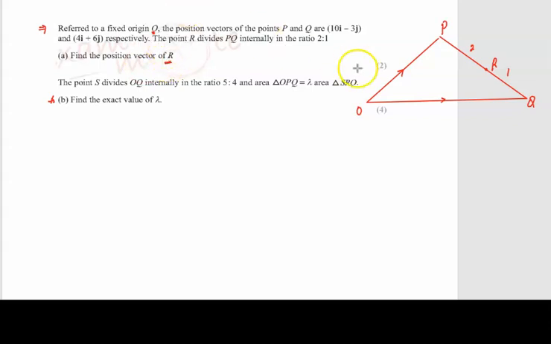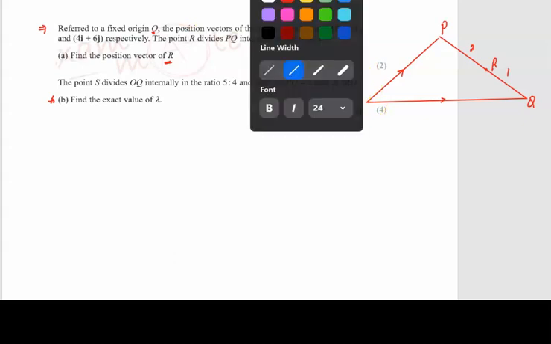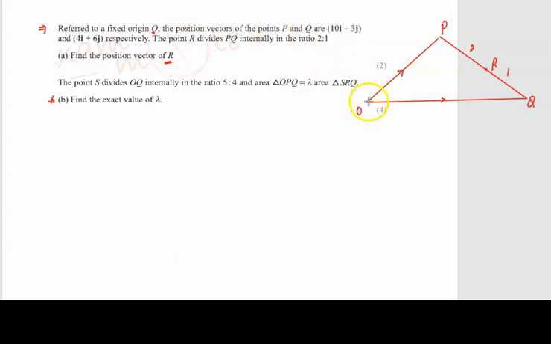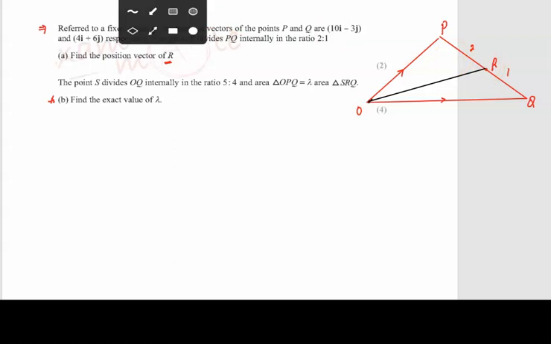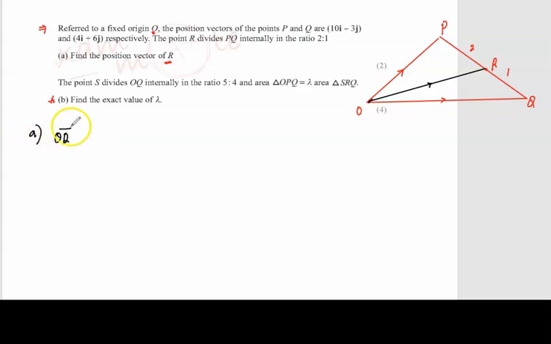The position vector of R is the vector OR. I can draw the line here so you can see the vector OR from O to R. We are answering part A. The question of vectors is like: how do you move from O to R?